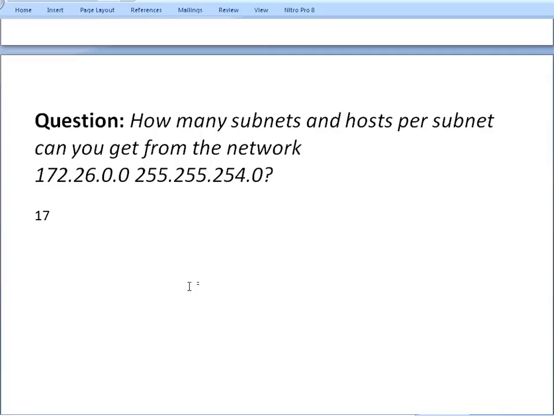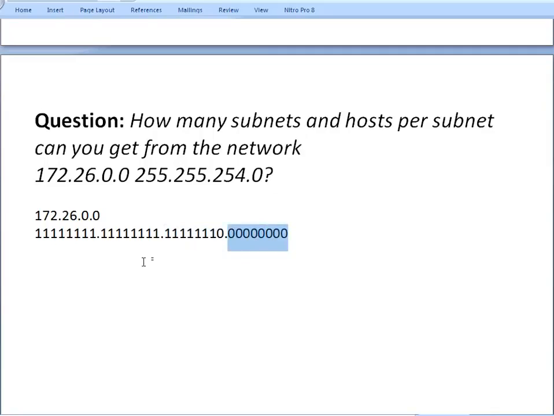Well, the network is 172.26.0.0, and the subnet mask is 255.255.254.0. Okay, so I'm going to write down 1 2 3 4 5 6 7 8, four times. That's 255, that's another 255. That's 254 because that's a 0 there, and that's a 0.